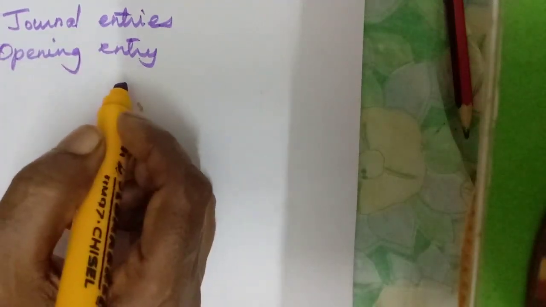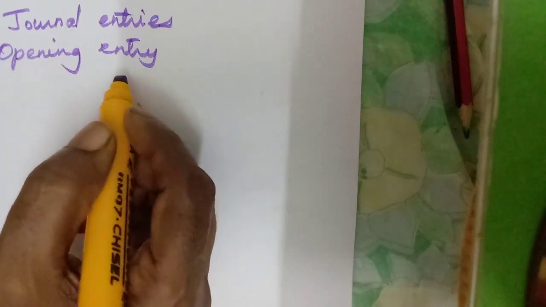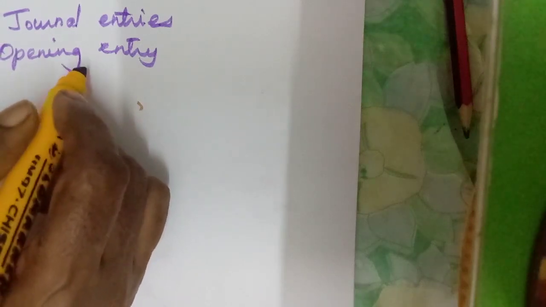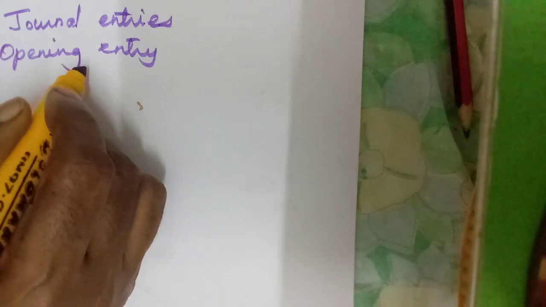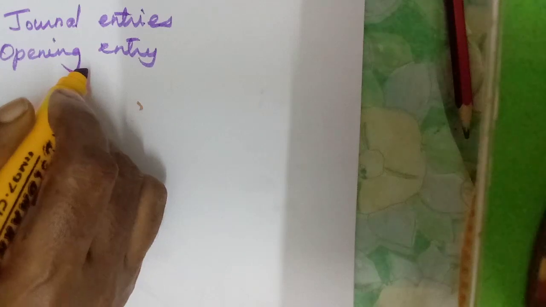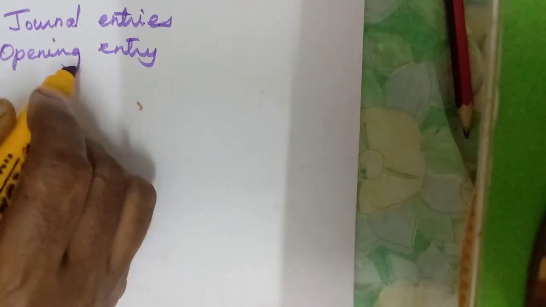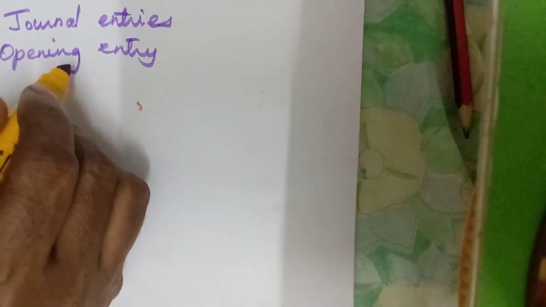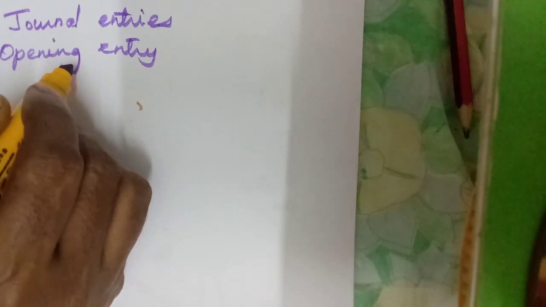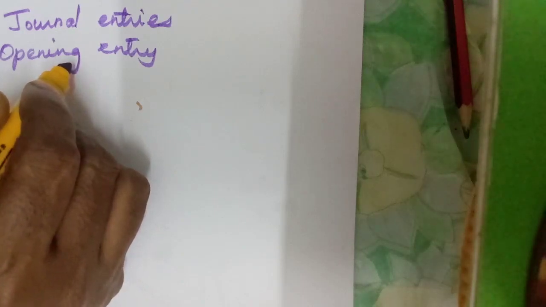Because at the end of each accounting year, we cannot enter everything in the subsidiary books. All the accounts will be closed, isn't it? And all the financial statements, that means the trading and profit and loss account and balance sheet, will be prepared.